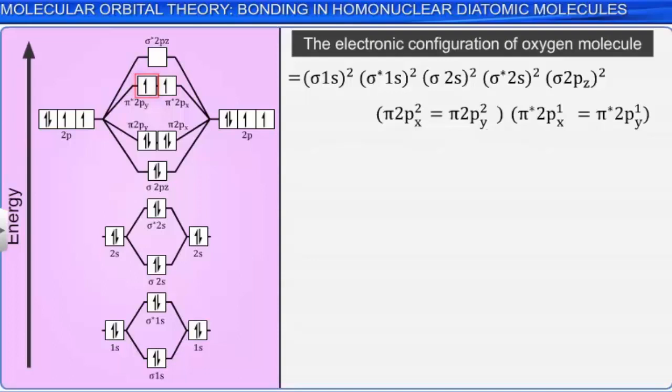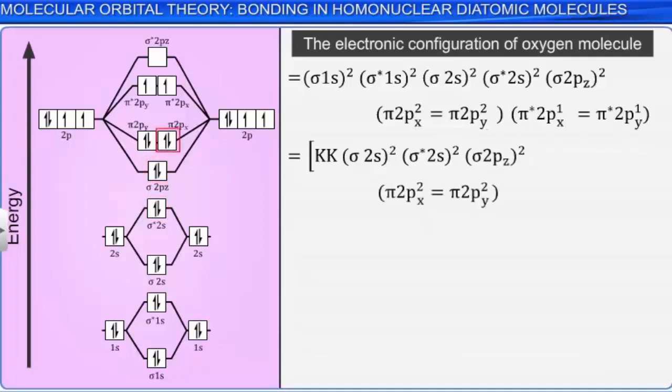which can also be written as KK sigma 2s2, sigma star 2s2, sigma 2pz2, pi 2px2, pi 2py2, pi star 2px1, pi star 2py1.